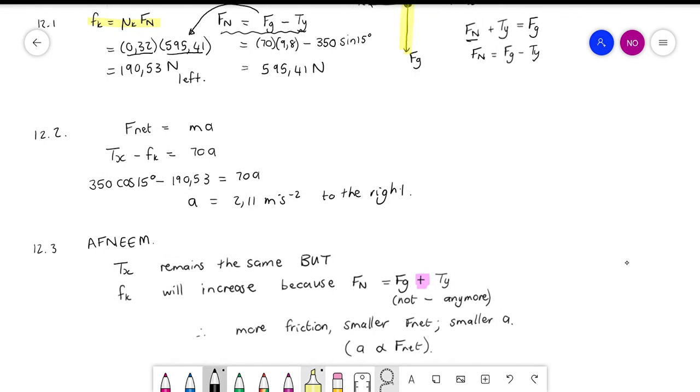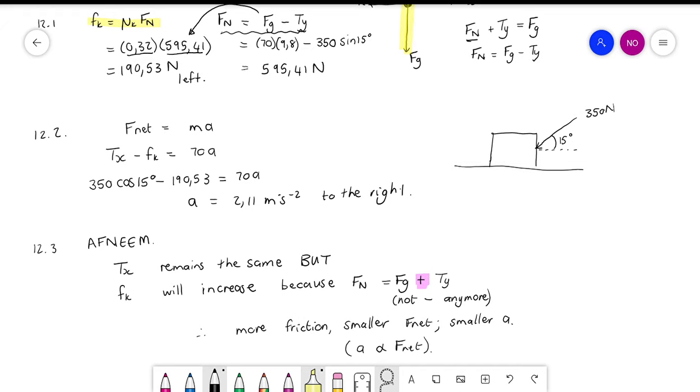Okay, so for this I just quickly want to draw a very unneat force diagram. Sorry about that, guys. So this remains 350 Newton, and this remains 15 degrees.